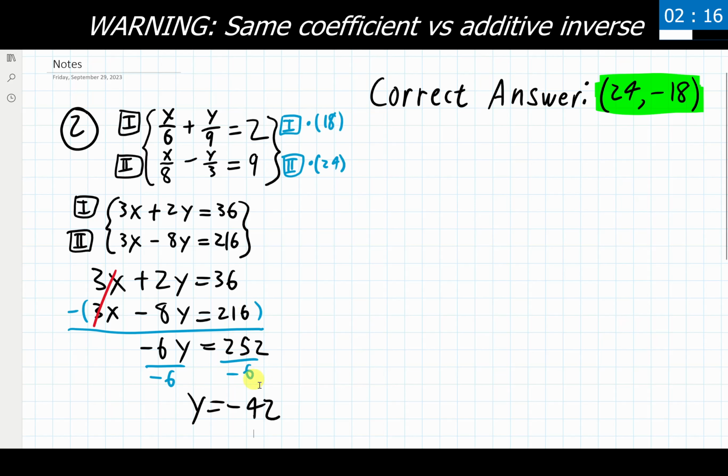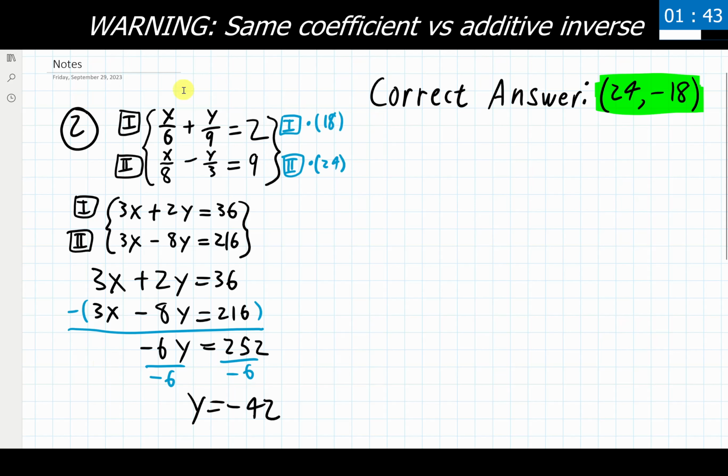Now, if you followed that and you said, that looks great, this is how easy it is to make this mistake. Notice how the correct answer is up here, and look how different our answer is from what the correct answer is. So here's the error that shows up, and it all has to do with this little subtraction sign here. I'm actually going to cross this off.